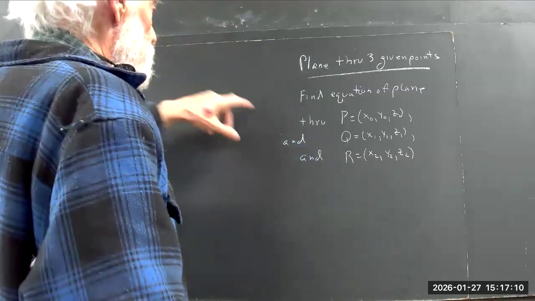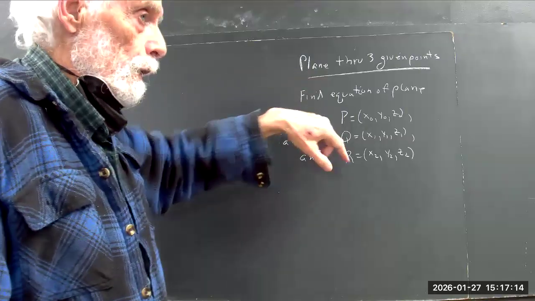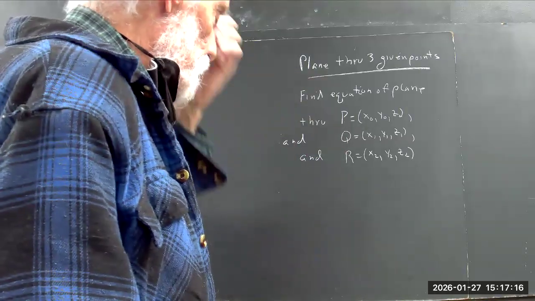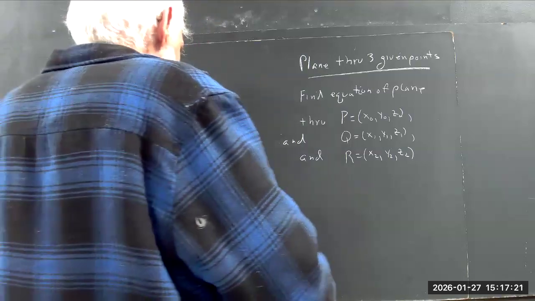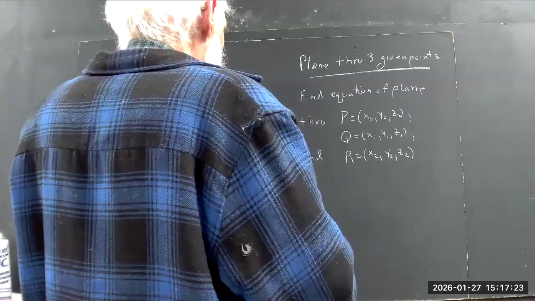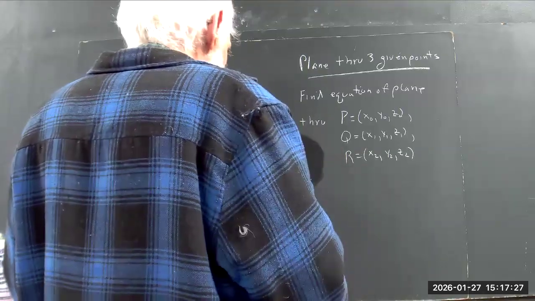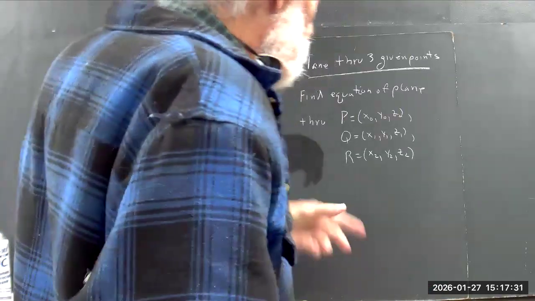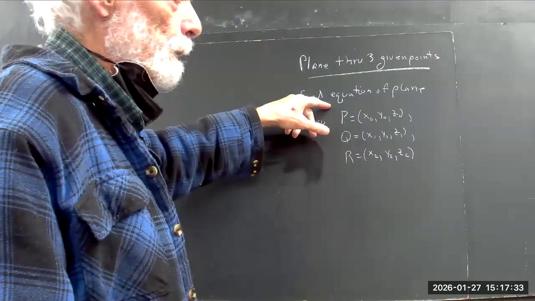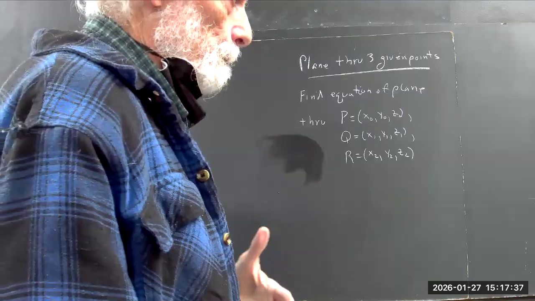That ends kind of badly positioned, but it's through P and Q and R. And it's not the way I want to state it. It is through the 3 points, and we can use any point and a vector perpendicular to the plane.